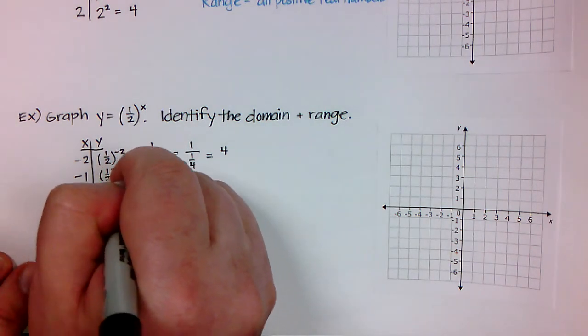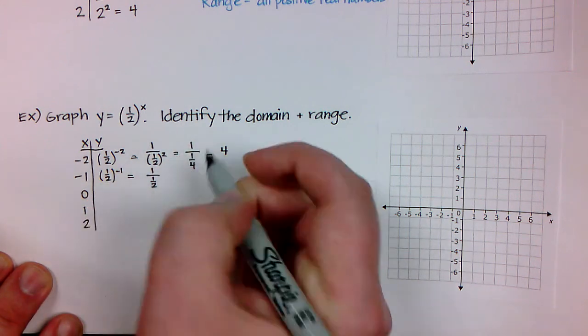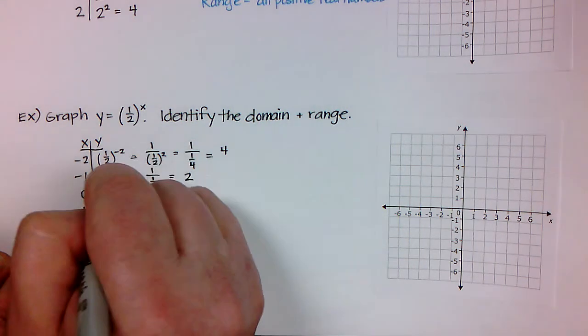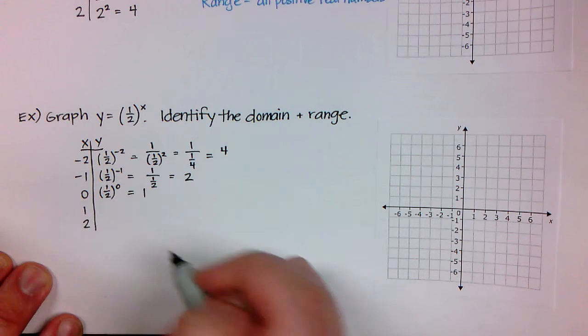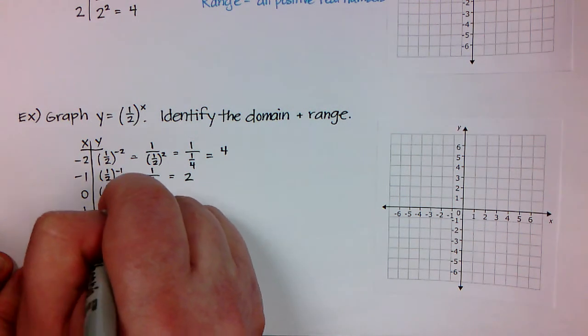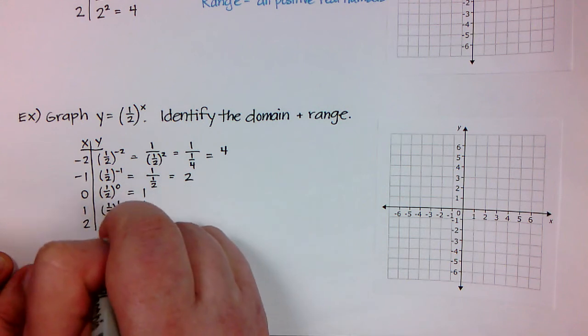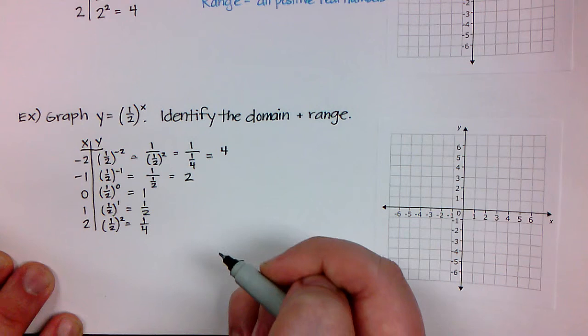So 1/2 to the -1 exponent is the same as 1 over 1/2 to the +1. And the reciprocal of that is 2. Next one, 1/2 to the 0 exponent is just the number 1. 1/2 to the first power is 1/2. And 1/2 squared is 1/4.